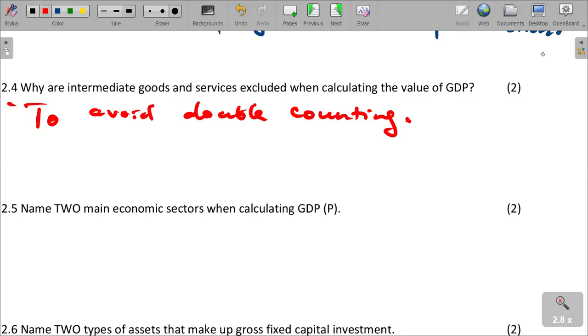Intermediate goods are used to produce final goods. They are still in the production process. They are still to be used to produce final goods. So including them would overstate GDP.